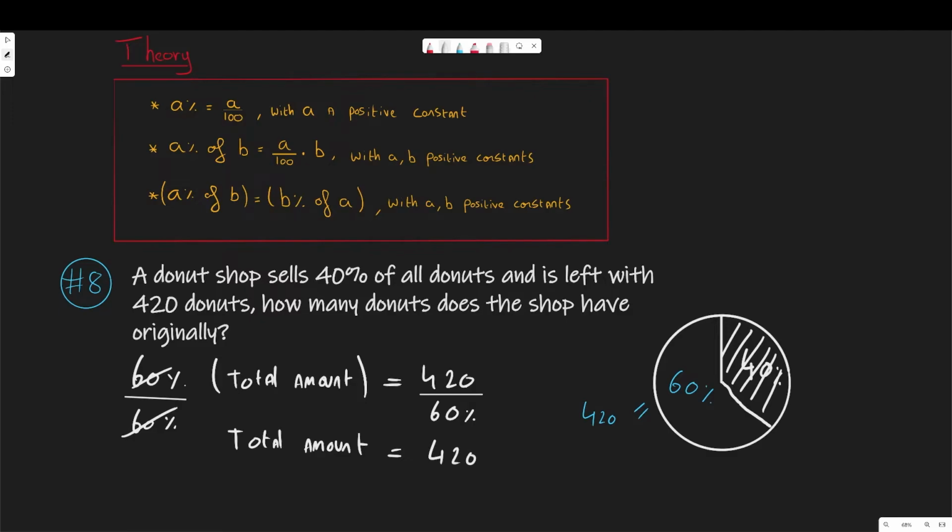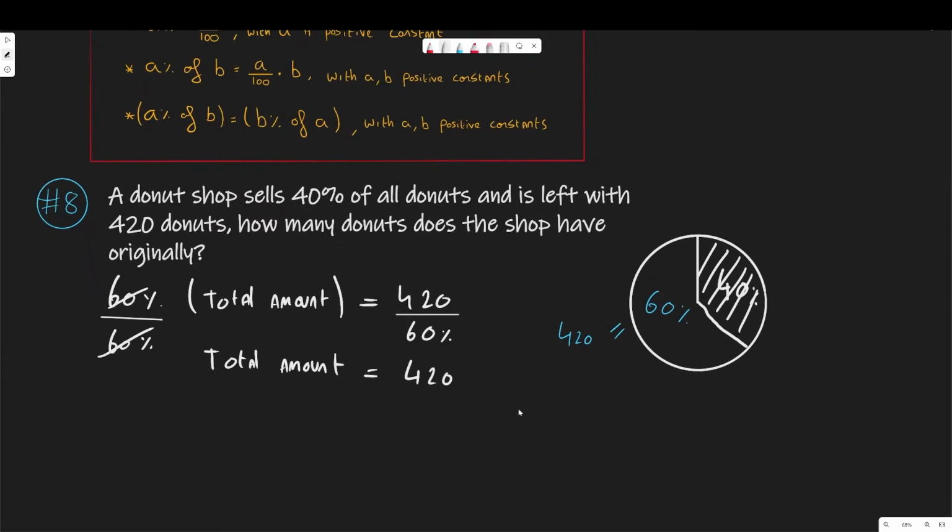And 60% is by definition 60 divided by 100. Now remember that the denominator of the denominator is the numerator. So if we have A over B over C, then this is the same as A over B times C. So let's apply this. So we'll get 420 over 60 times 100.